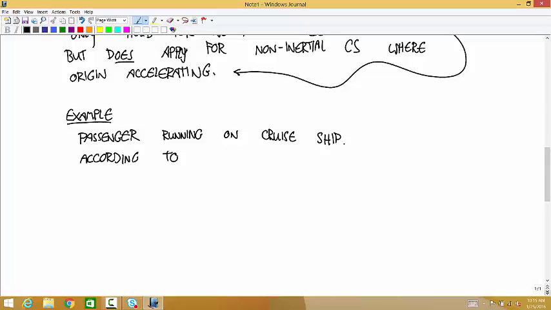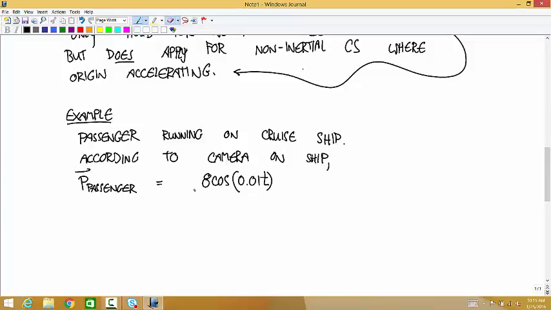According to the video camera on the deck of the ship, the position of the passenger is given by the function 80 times the cosine of 0.01t.